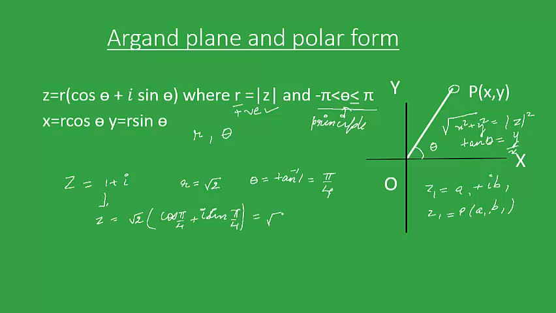When you represent this number in the Euler form, you write r times e to the power iota theta, where theta here equals pi by 4. When you want to calculate higher powers of z, it's a suggestion to use this form instead of multiplying the numbers one by one.